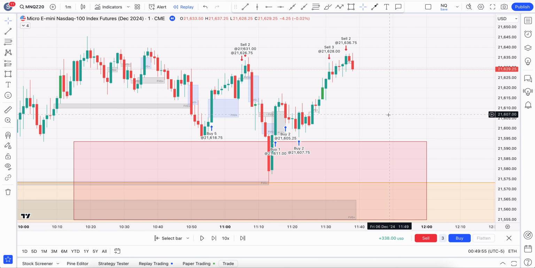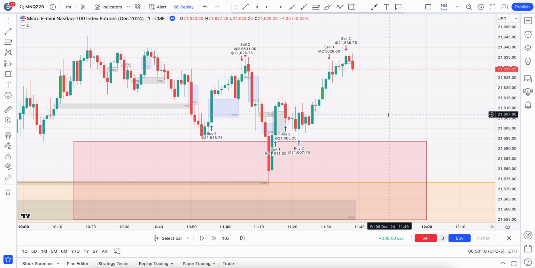So that's how easy and how calculative you can be when you see a fair value gap and how you can trade a fair value gap. This is something that I learned with experience. When I traded fair value gaps a lot, I would just trade every fair value gap out there.